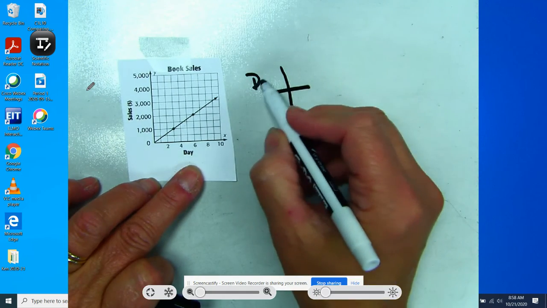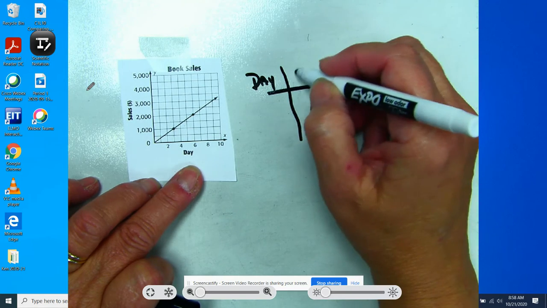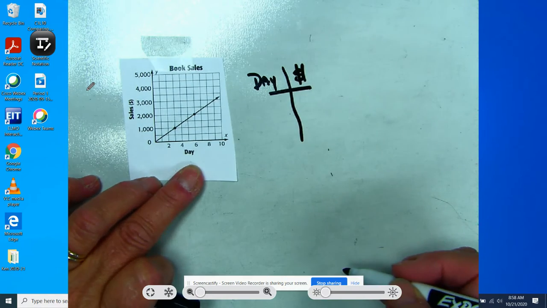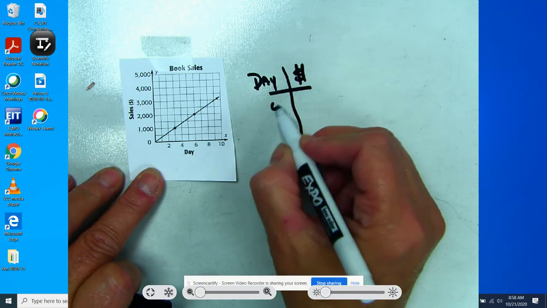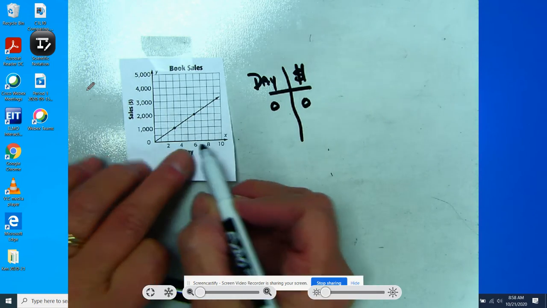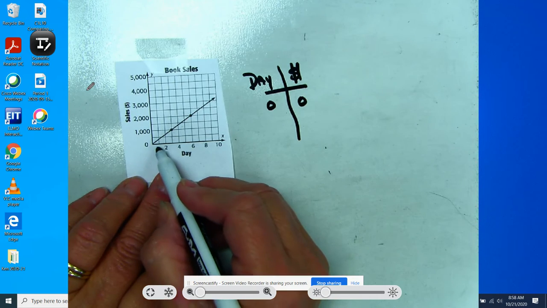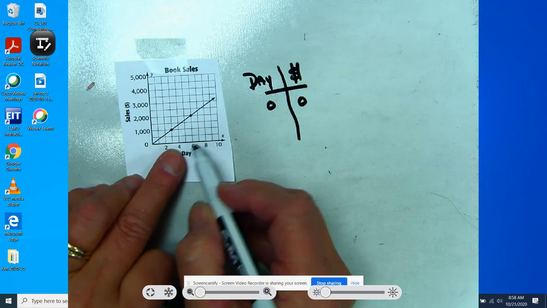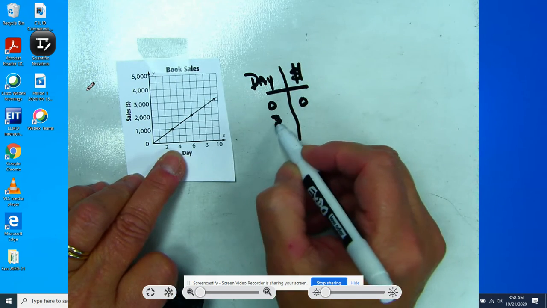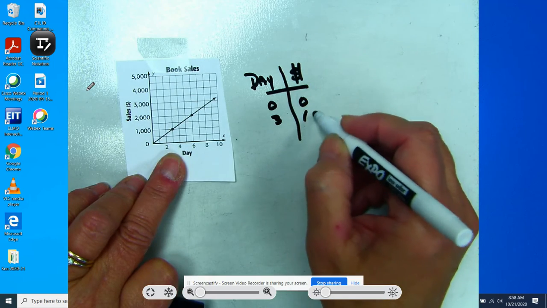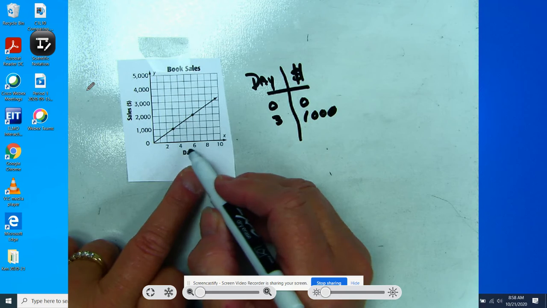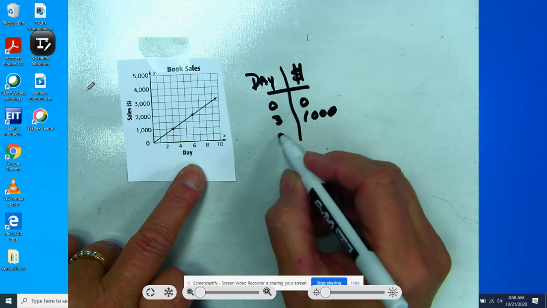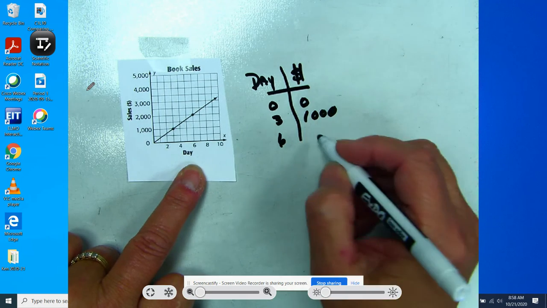This is going to be day. This is going to be sales in dollars. We start here. This is 0, 0. At day 3, 1, 2, 3, 4, see they numbered every other one, so this would be 3, we had $1,000. And then here at day 6, we have $2,000.